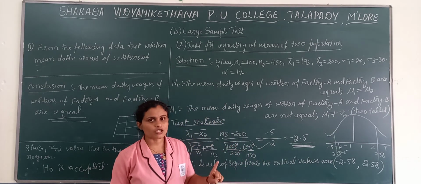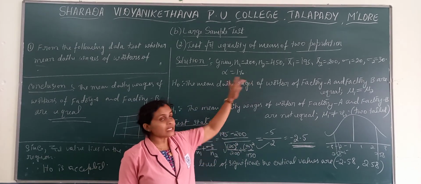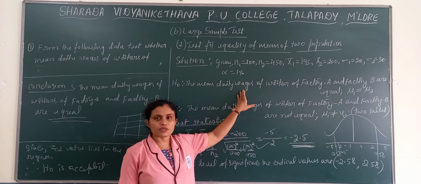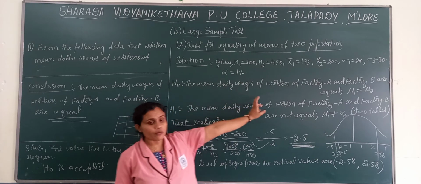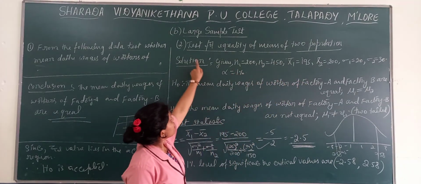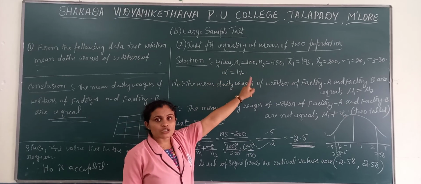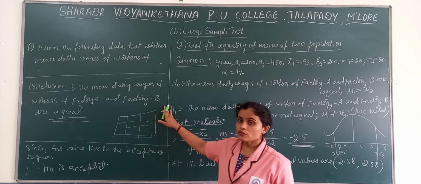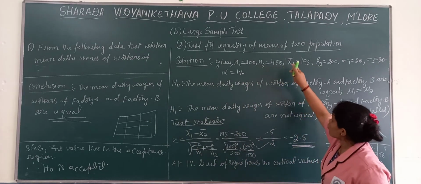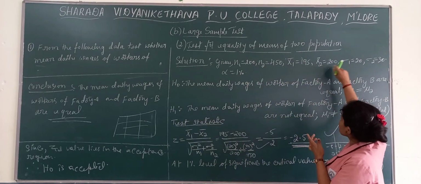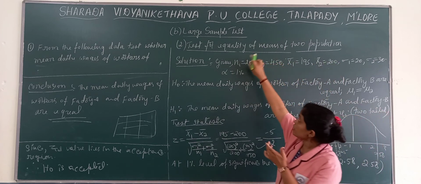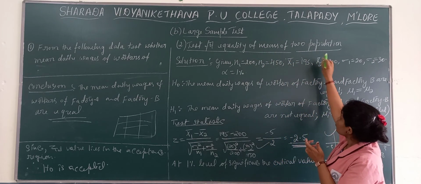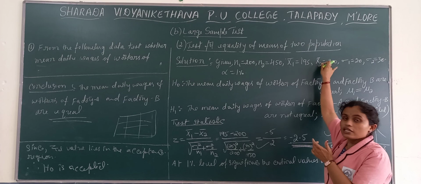If you get one set of information about the mean, that is a test for population mean. If you get two sets of information about the mean, that is a test for equality of means of two populations. Here we are testing the equality between the mean of the first population and the mean of the second population.